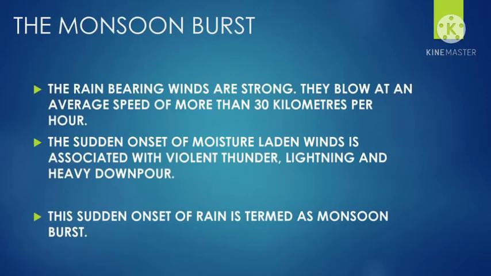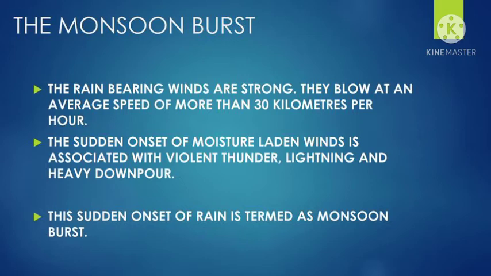Now what is the burst in monsoon? Students, the burst in monsoon is also known as the break in the monsoon. When the monsoon winds blow in a southwest direction on the west coast, they are highly charged with water vapor. They advance rapidly over the west coast, the rain coming rather suddenly in the first week of June.